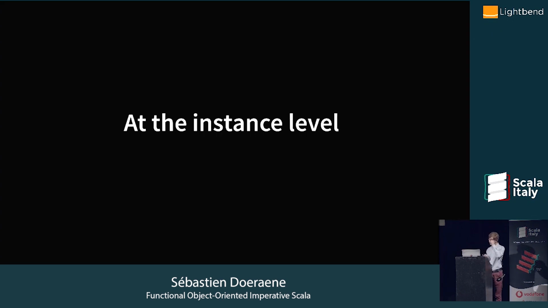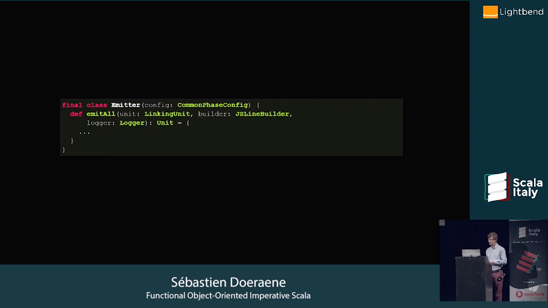Now we move into a different category, which is we work at the instance level. Instance as in an instance of a class. So let's look at this very small interface, or class, which is called the emitter. The emitter is a thing that takes the Scala IR and emits the corresponding JavaScript code.